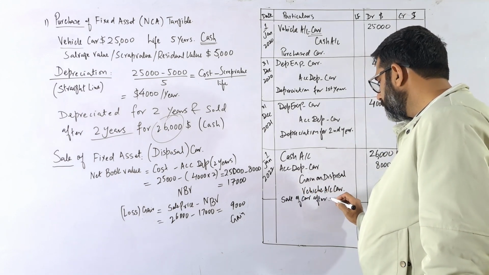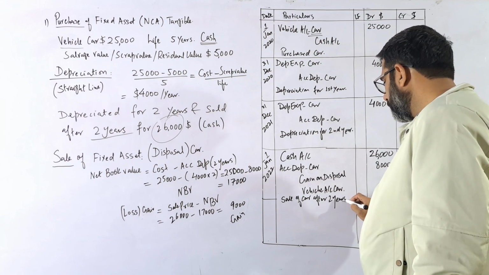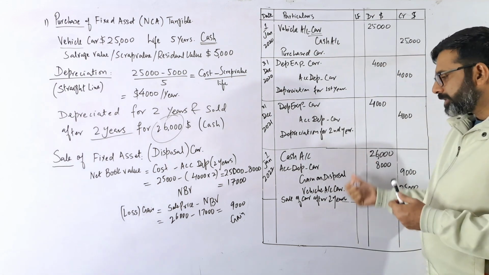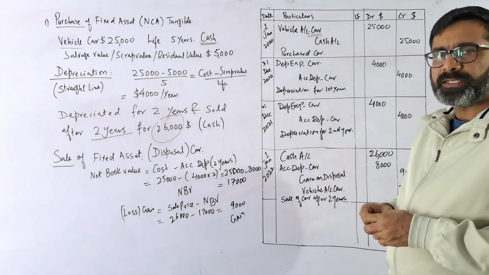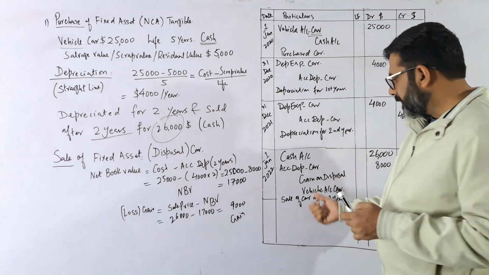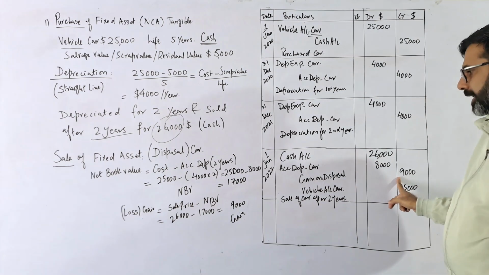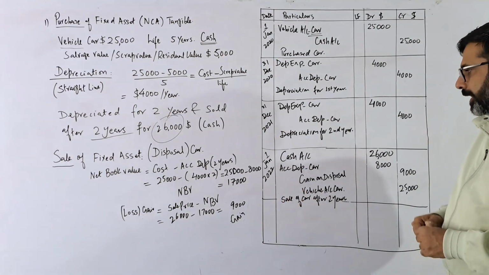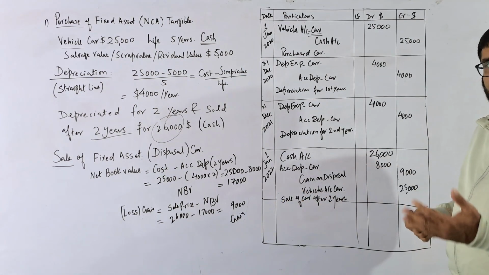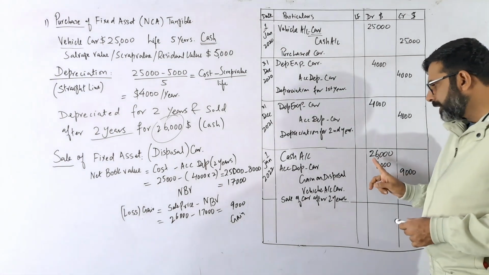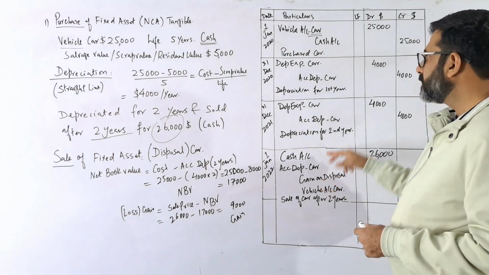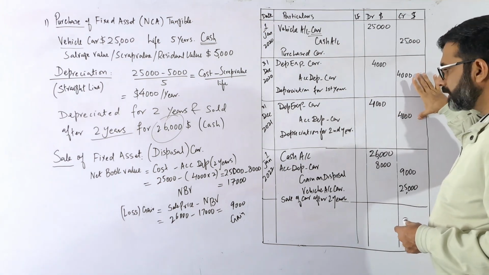Car after 2 years. So transaction is almost same, only difference is that instead of the loss, there is a gain on the disposal, and that gain is how much? That is 9,000, but we have calculated already here. So the cash account 26,000 the business has received, cash is debited. Accumulated depreciation for year 1, year 2, so the total is 8,000.